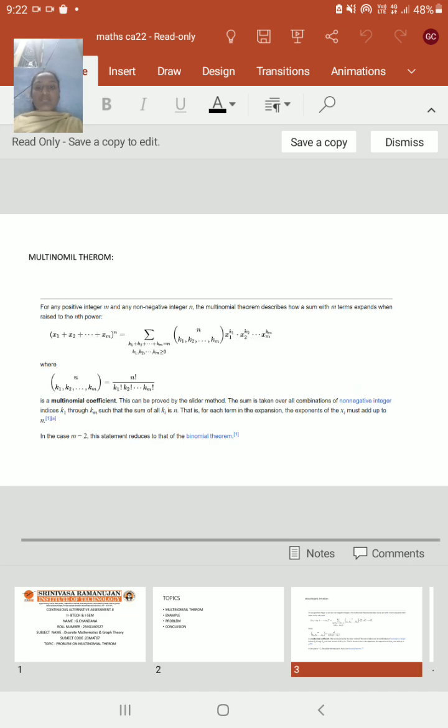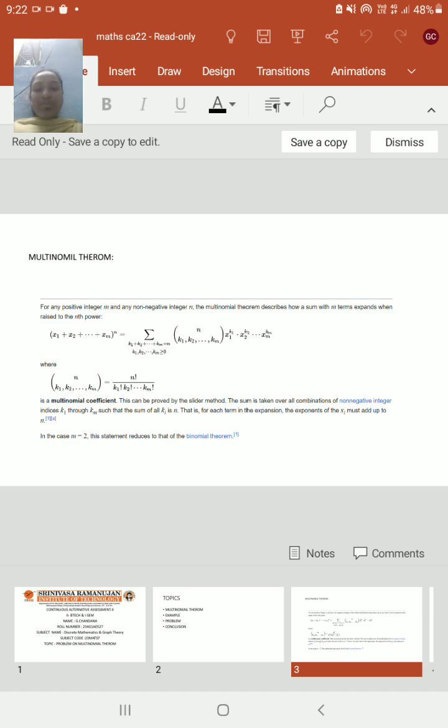See, the multinomial theorem. For any positive integer m and any non-negative integer n, the multinomial theorem describes how a sum with m terms expands when raised to the nth power.